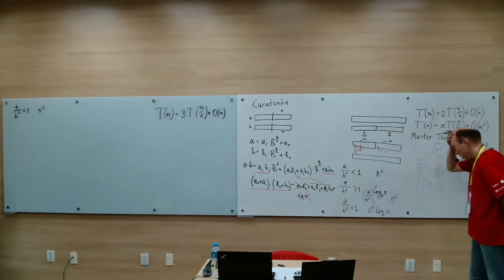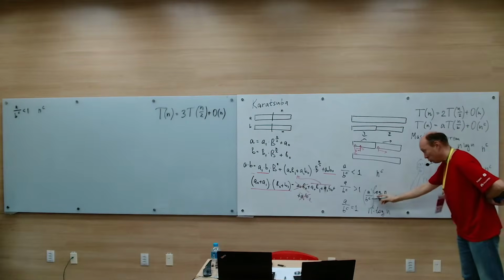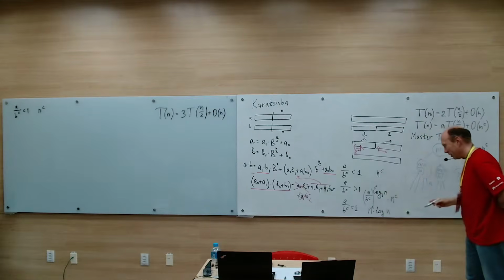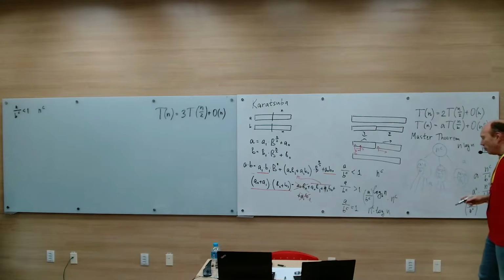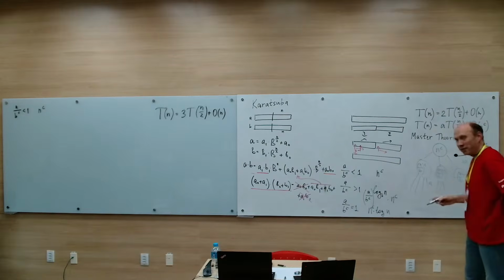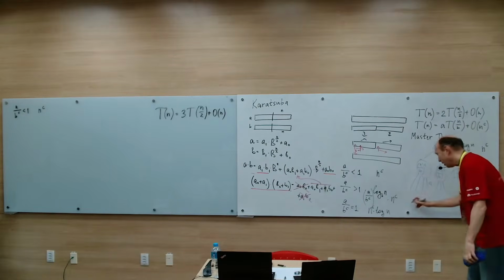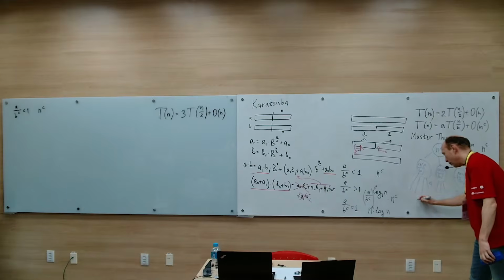Let me simplify that in general, with A to the power of log base B, because then you can cancel. It's log base B of A.